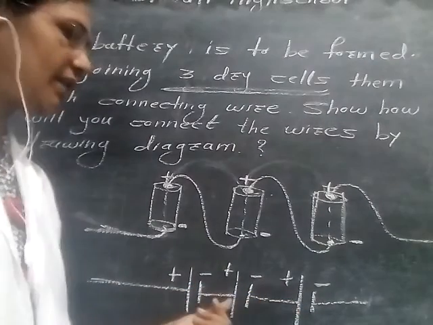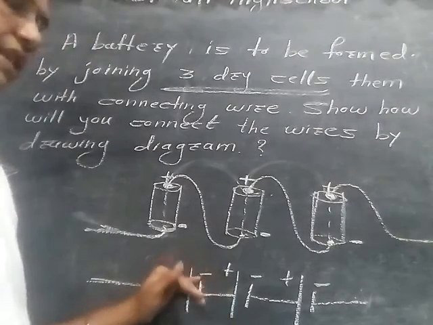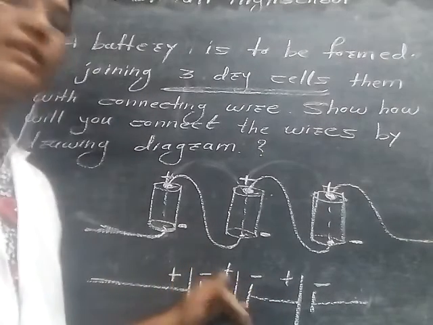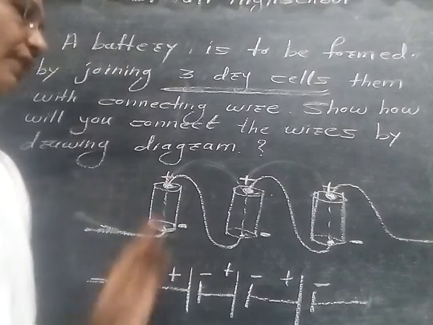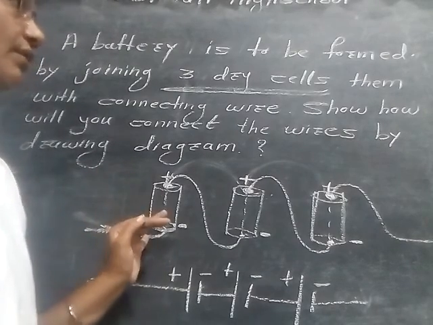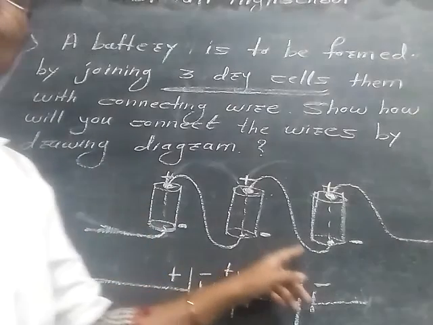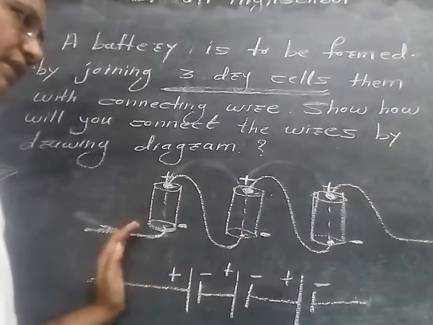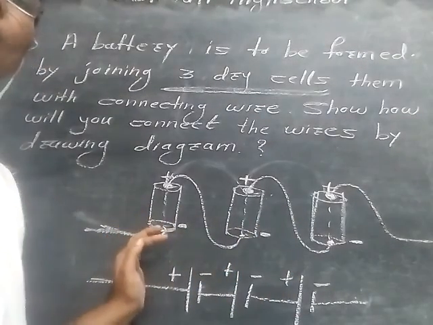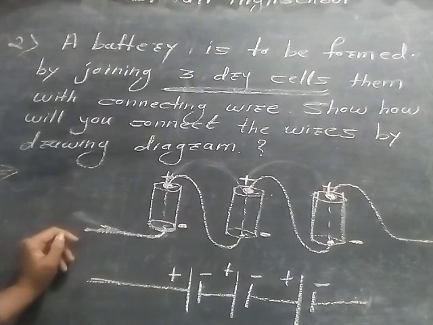If we connect negative to negative or positive to positive, then this is wrong. So we can draw this figure showing the connection of wire to join the cells. Draw this in your notebook and solve question number 4 in your notebook.